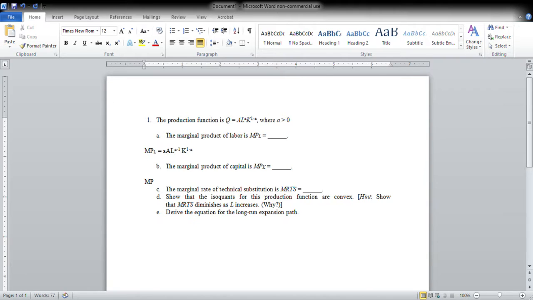MP subscript K equals average labor to the power of A, times K to the power of 1 minus A, oh, minus 1. So we're changing it by 1.